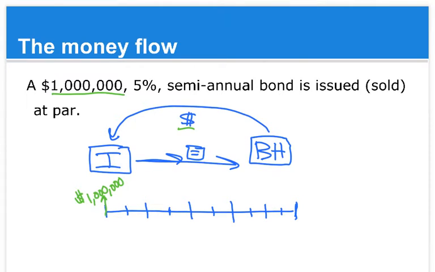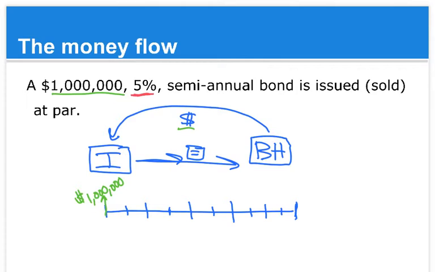And the issuer is obligated to pay the bondholder the maturity value at the end on the maturity date, and is also obligated to pay the semi-annual interest. So let's calculate the interest. It says it's a 5% bond. So interest can be calculated like this.